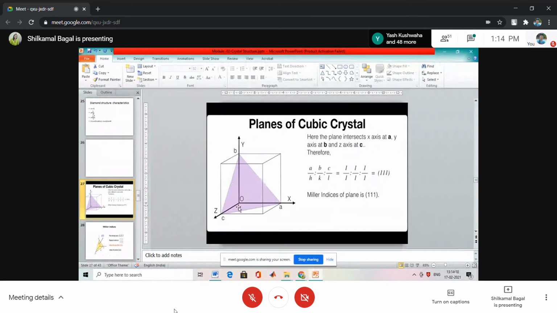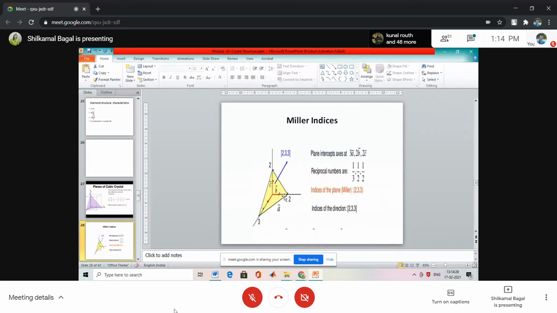So now for example, this is one plane shown here, and this plane has the intercept 1 unit along axis A, B, and C respectively. And h, k, l are the Miller indices. First of all, let us see. Now here the plane shows different intercepts.